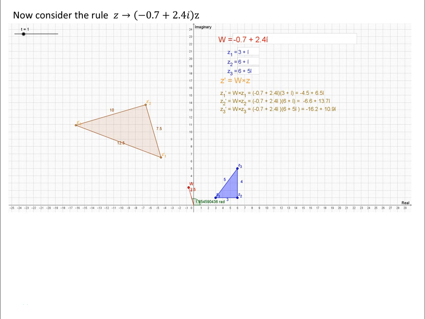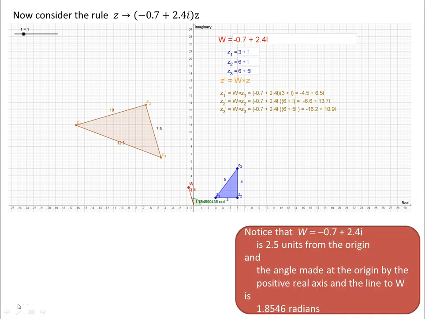Again, initially, the first thing to observe is that w is this time 2.5 units away from the origin, and the angle made at the origin by the line in the direction of the positive real axis and the line off to w is 1.854 radians.